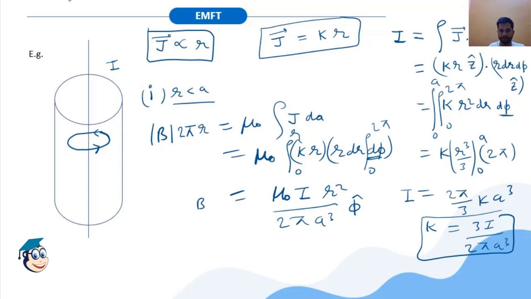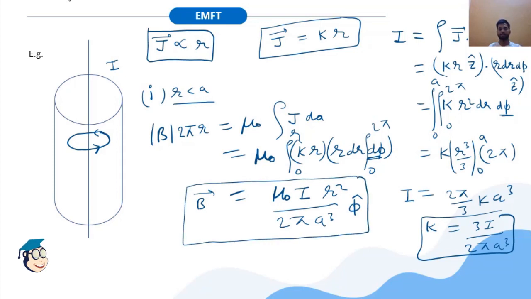This is the magnetic field inside of this wire, which has a current density proportional to r. Okay, so you can similarly calculate the magnetic field outside of the wire by integrating with a proper limit. I'm not going to solve that part. You can do it on your own.